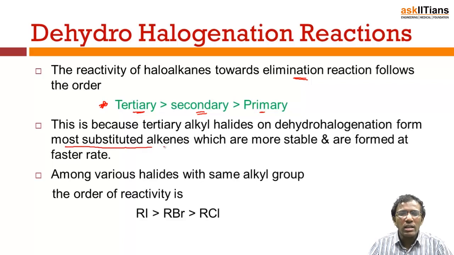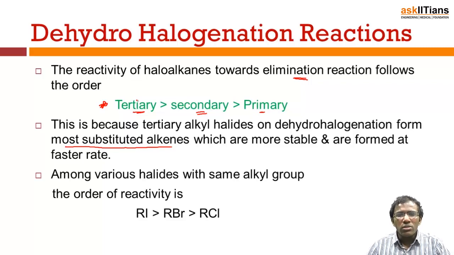Most substituted alkenes are more stable and are formed at a faster rate. Like you might have studied in the hydrocarbons chapter, the most substituted alkene is more stable because of hyperconjugation. So tertiary alkyl halides produce the most substituted alkenes, and that's why they are more reactive.